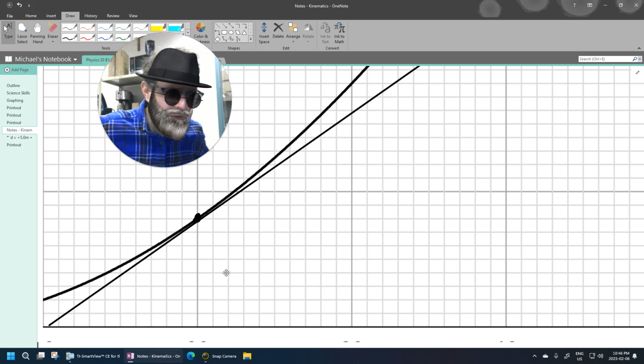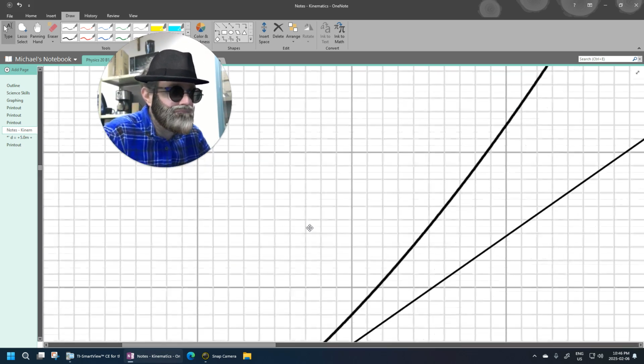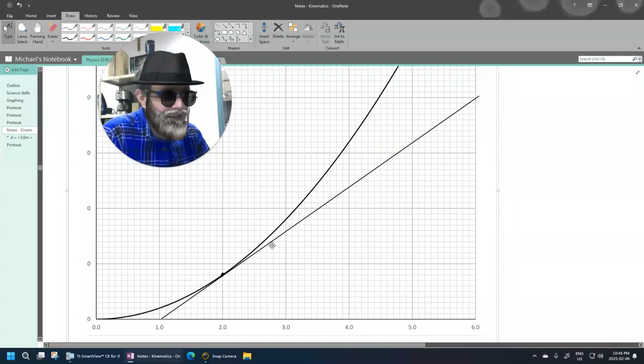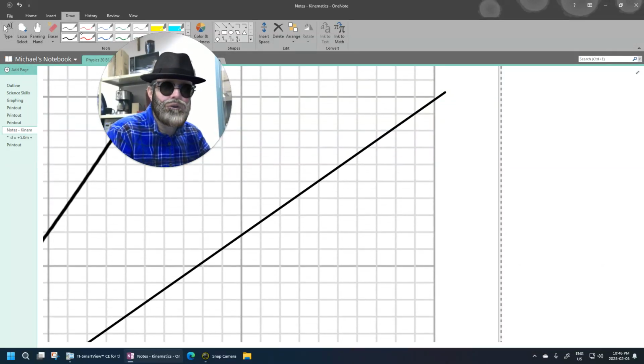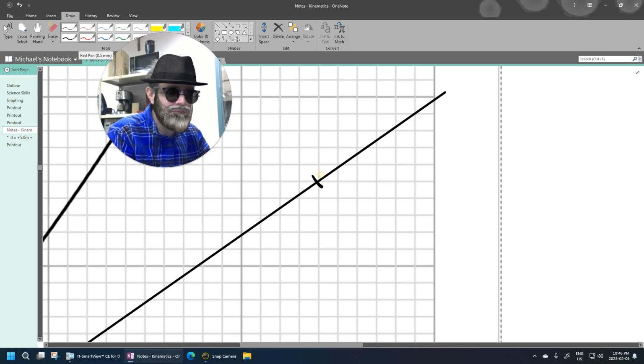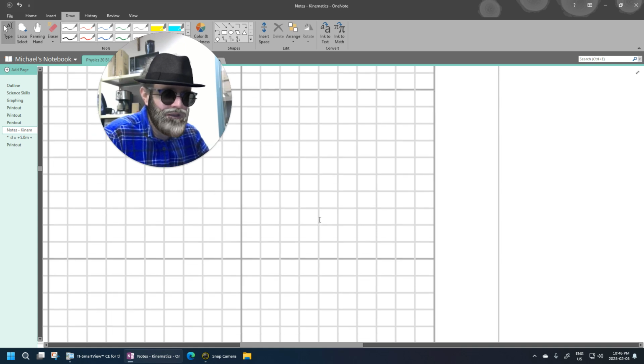All right. So now, once I have my line, looks pretty nice, good, I'm going to find the slope. So let's find the slope again. Oh, I got a nice point up here. This one looks good. If you want to put in the coordinates of what this point is, that's good.